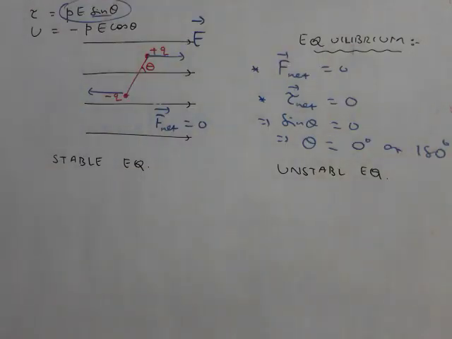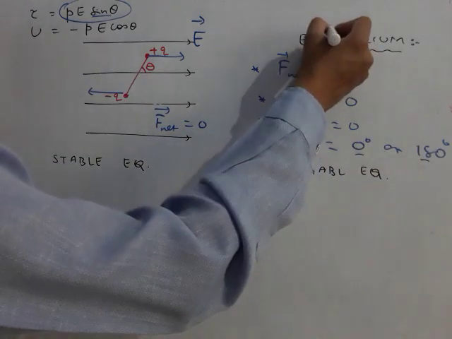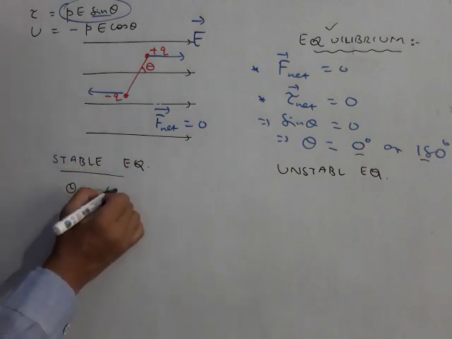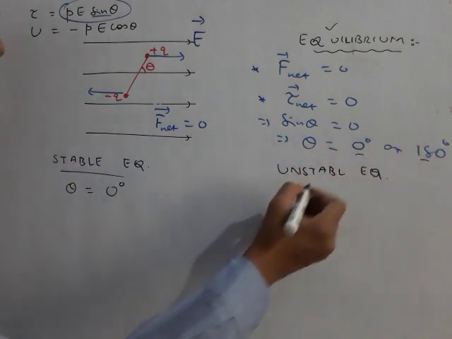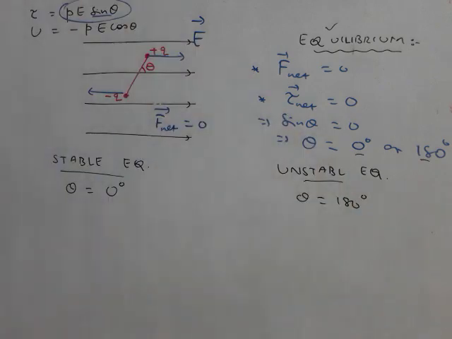Now these are the two possibilities of theta for which the torque will be 0. Both these angles correspond to equilibrium, but theta equal to 0 degree corresponds to stable equilibrium, and theta equal to 180 degree corresponds to unstable equilibrium.